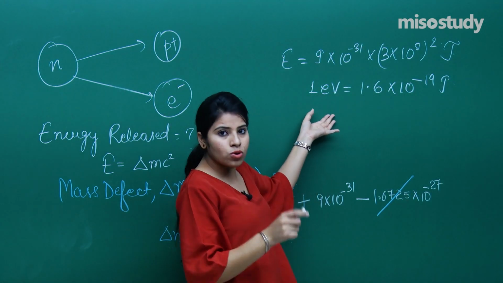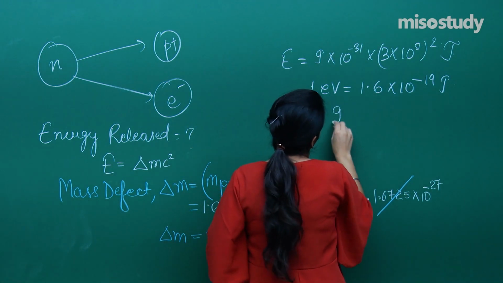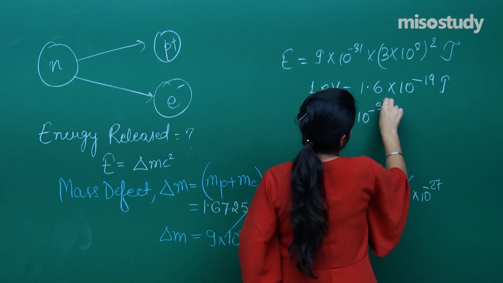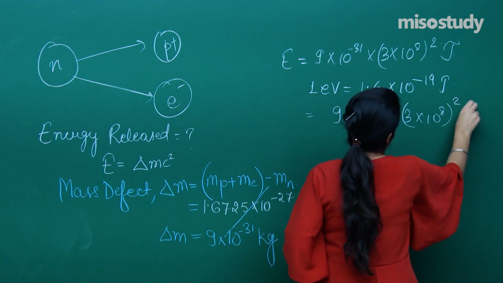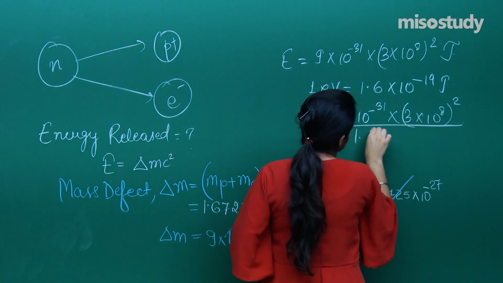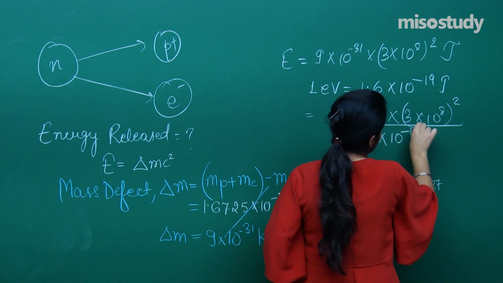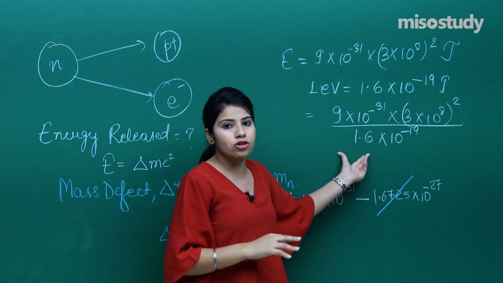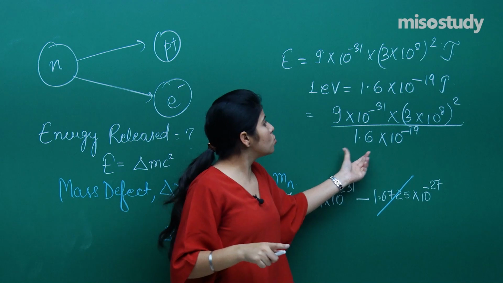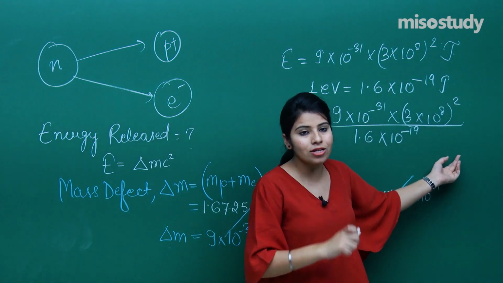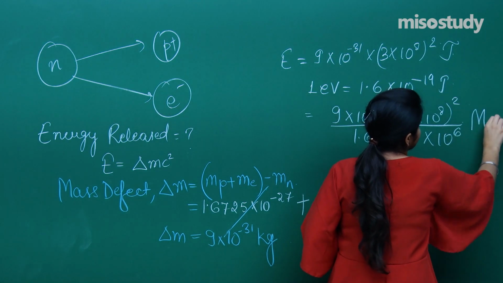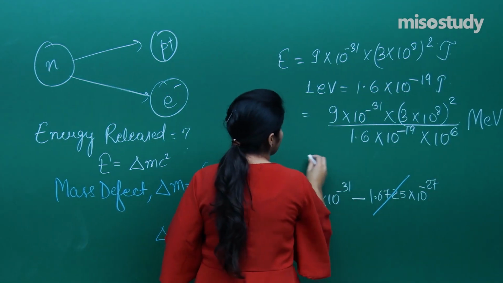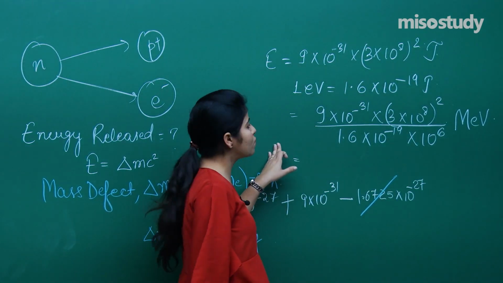So to convert it into electron volt, you have to divide it by 1.6 into 10 raised to the power minus 19. That will be in electron volt. Now if you want the answer in mega electron volt, again you have to multiply here by 10 to the power 6. Now the energy is coming out in mega electron volt.